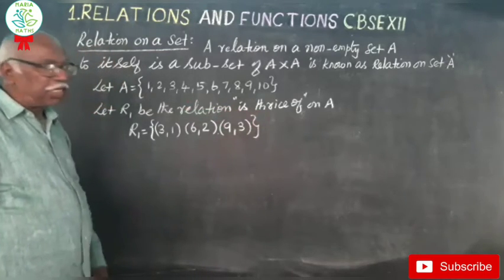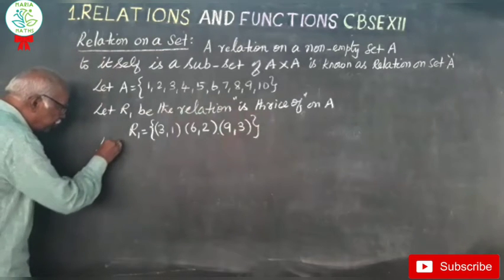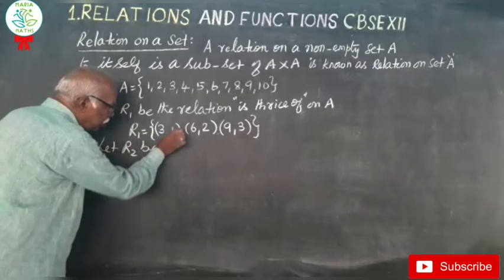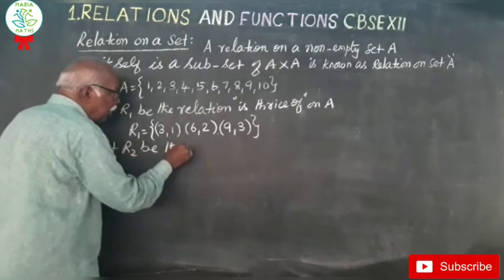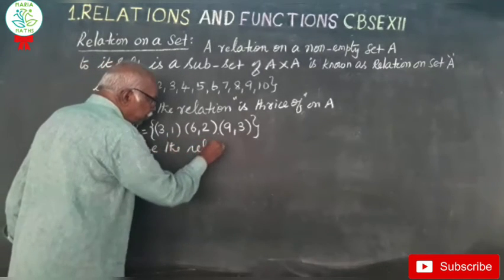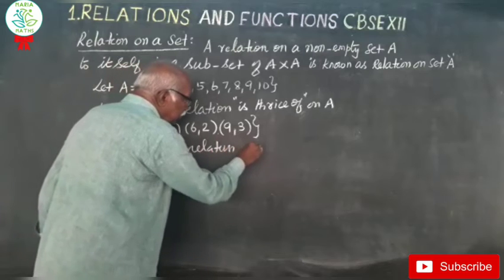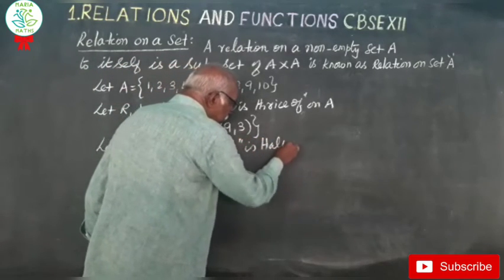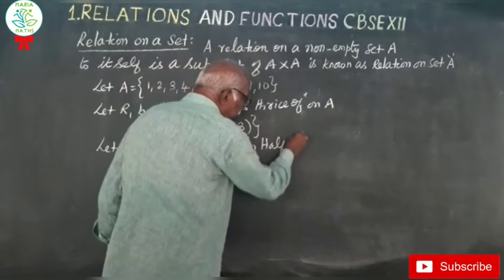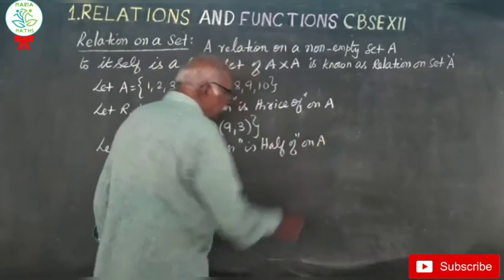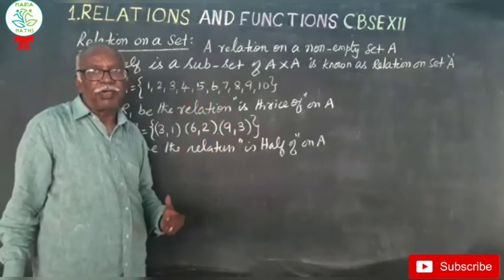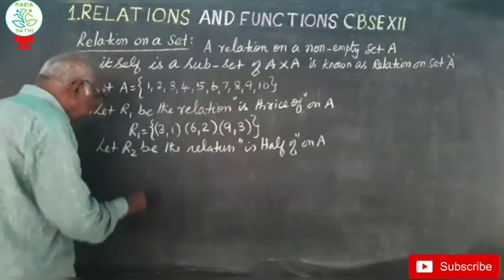Next, let R2 be the relation on A where the first element is half of the second element.